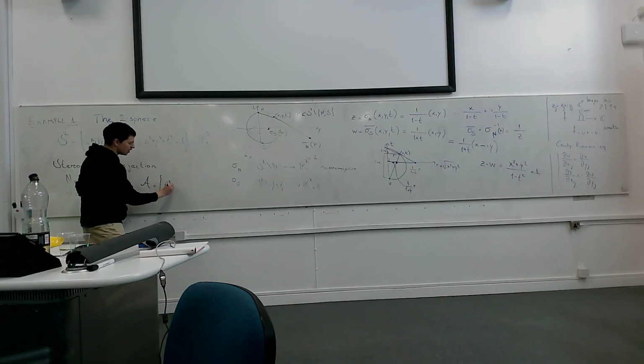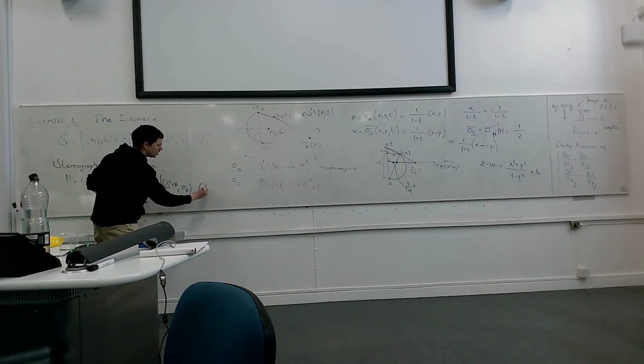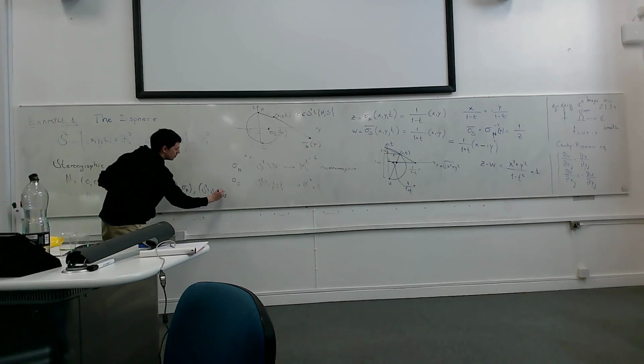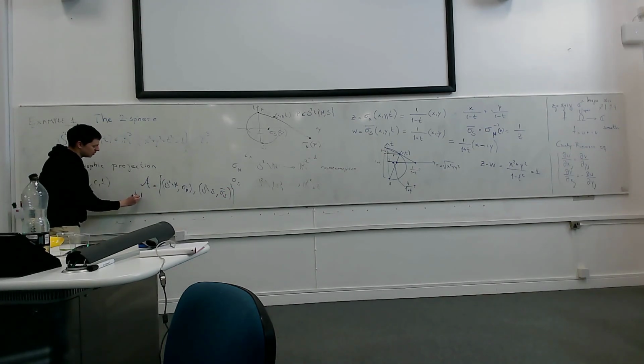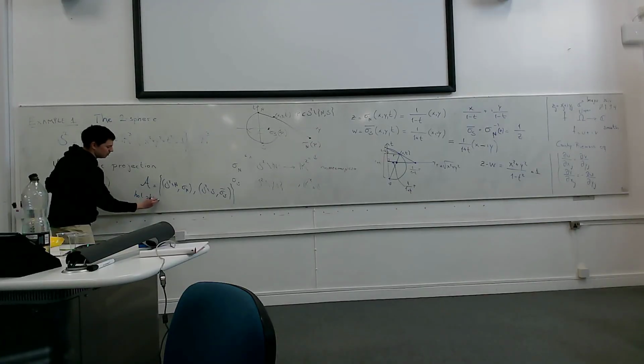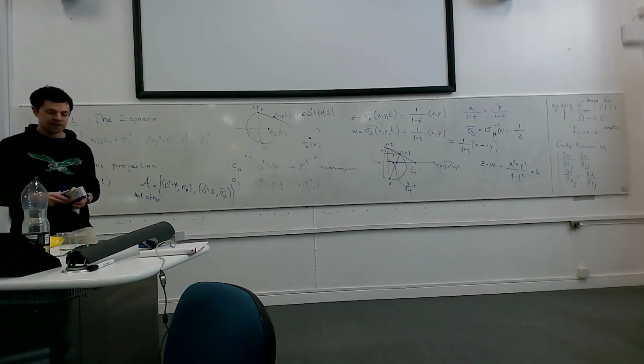So we have S2 minus the North Pole with the stereographic projection from the North Pole, and S2 minus the South Pole with the complex conjugate of a stereographic projection. So this is a holomorphic atlas. So the two-sphere is a complex manifold with this atlas with two charts.